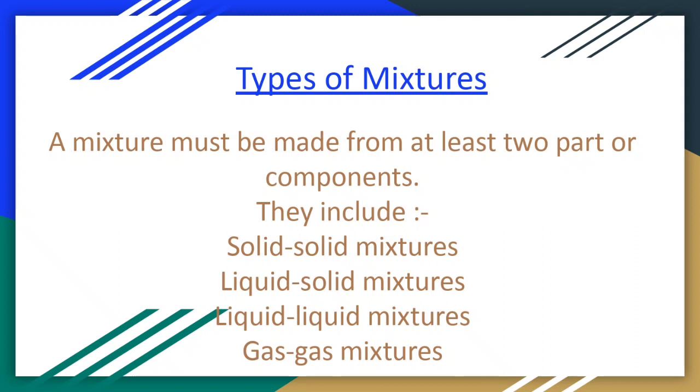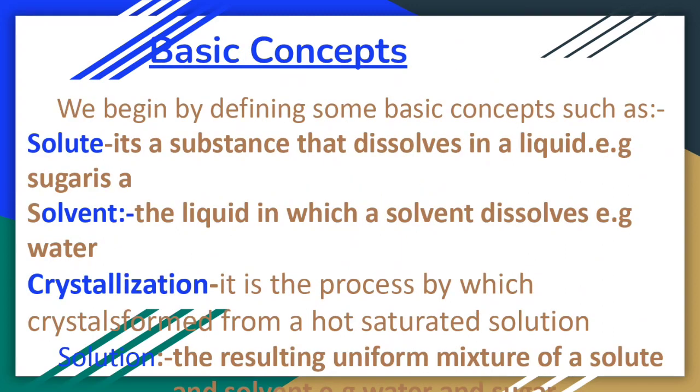Now we need to move on to separation of mixtures, how we can separate these mixtures. But before we get to that, we have some basic concepts which we must first understand. The first one is a solute. We shall come across words such as solute as we discuss the separation of different mixtures.